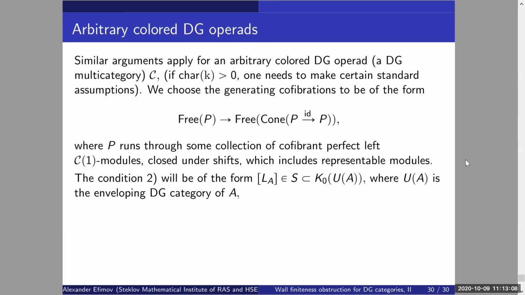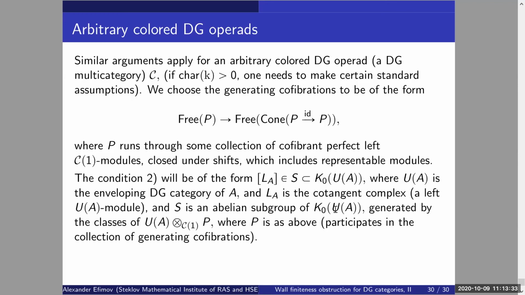Then we have the same theorem as in the commutative setup, but the condition 2 will be of the form that this cotangent complex lies in a certain subgroup of K0 of the enveloping DG category. So we have this enveloping DG category, we have the cotangent complex, which is a left module, and we have this subgroup generated by extensions of scalars of all these P, which participate in the collection of generating cofibrations.